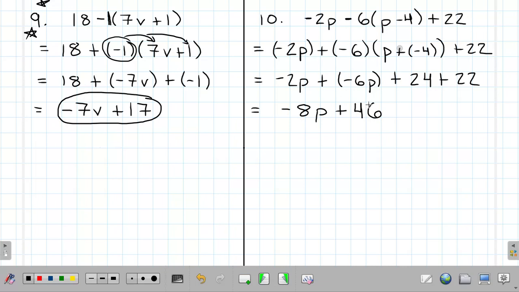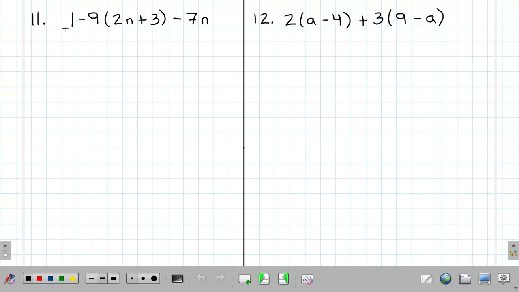So negative 8p plus 46. It all comes back to knowing I had to distribute a negative 6 here, since it's minus 6 times p minus 4. Technically that means you're adding negative 6 times p plus negative 4. Okay.